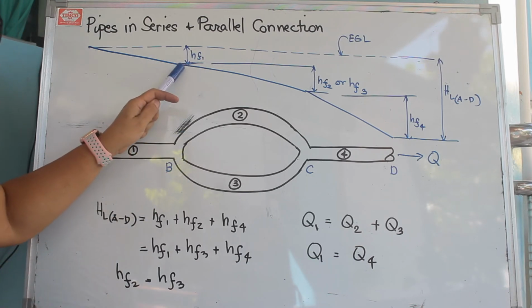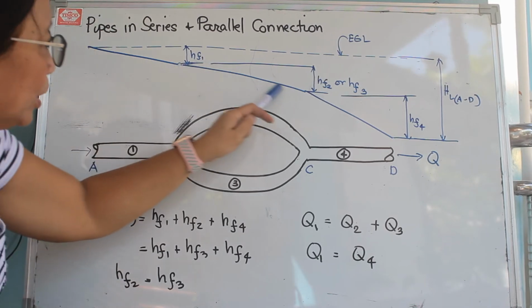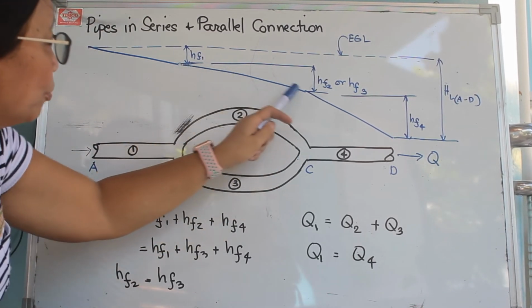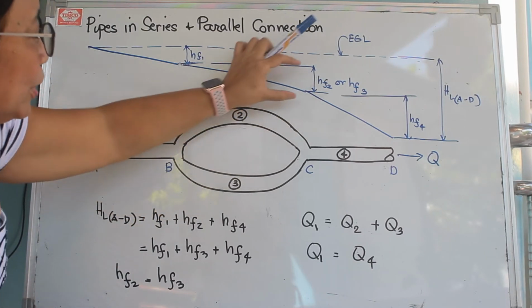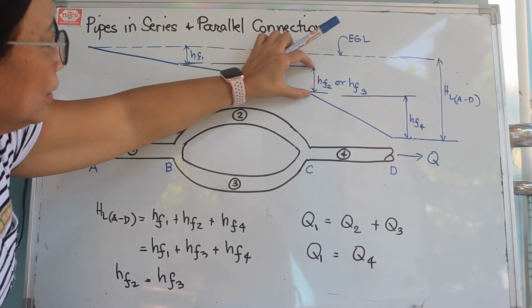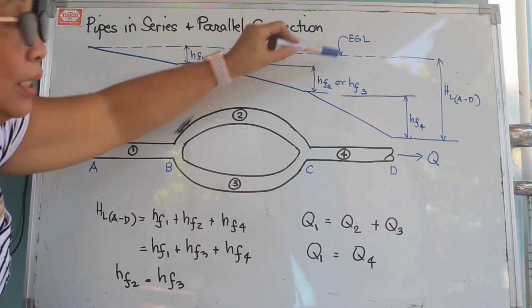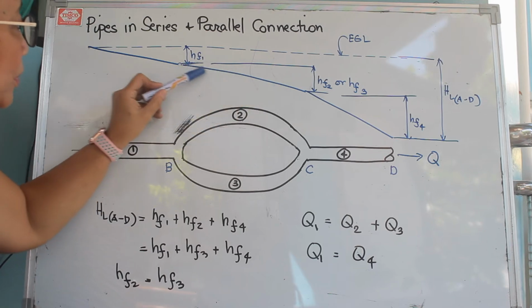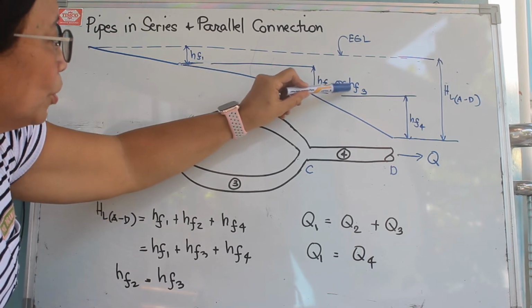Pero ganun pa rin, idro-drawing pa rin natin yung energy gradient sloping downward to the direction of flow, papunta from B to C. So, slope. So, this drop in the energy gradient will correspond to either HF2 or HF3. Okay, so, or. Isa lang yung drop ng energy gradient natin, posibleng HF2 or HF3.